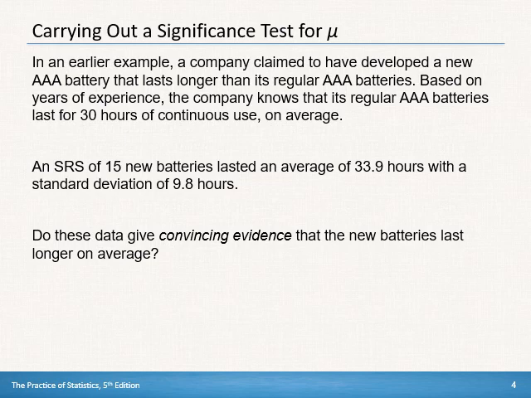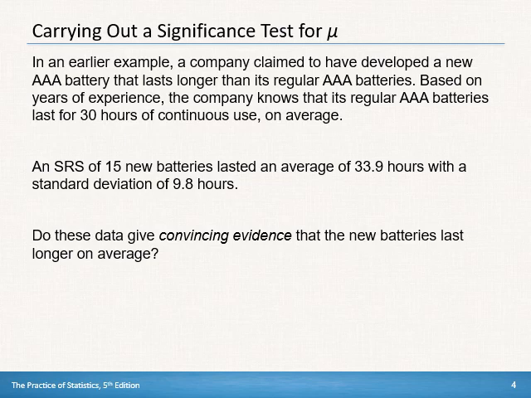So, an example. In an earlier example, a company claimed to have developed a new AAA battery that lasts longer than its regular AAA batteries. Based on years of experience, the company knows that its regular AAA batteries last for 30 hours of continuous use on average.